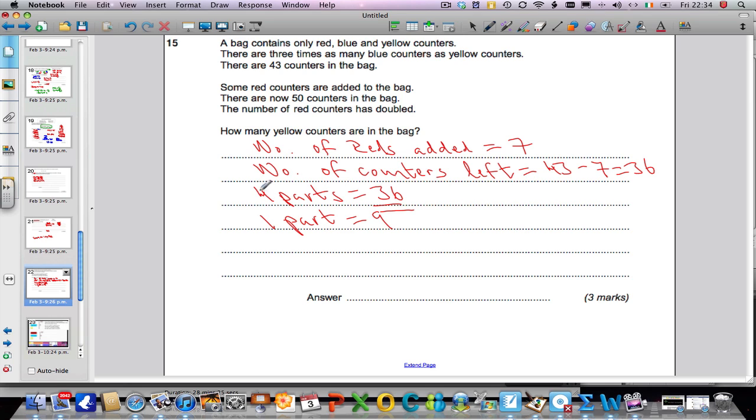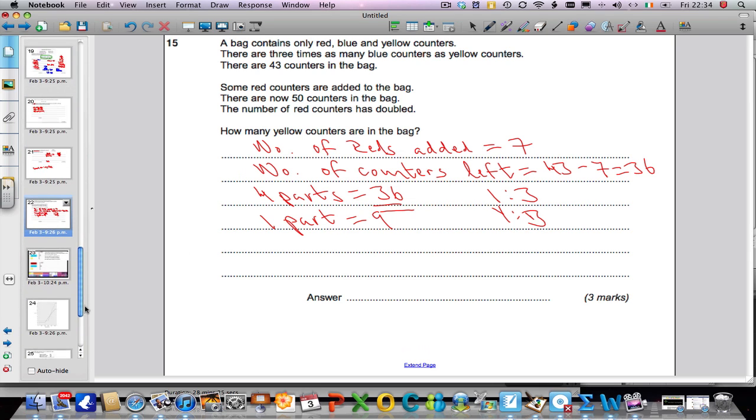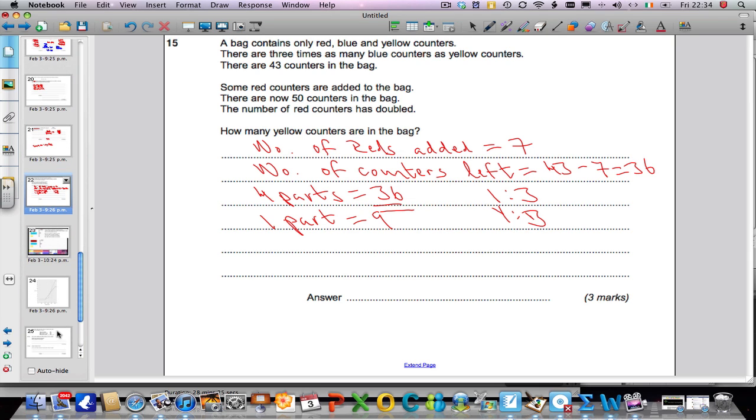Just a quick overview again of why I had 4 parts. Well, for every 1 yellow counter we had 3 blue. So the ratio of yellow to blue was 1 to 3. That means 4 parts were 36, so 1 part must be 9. Quite a complicated answer, that one.